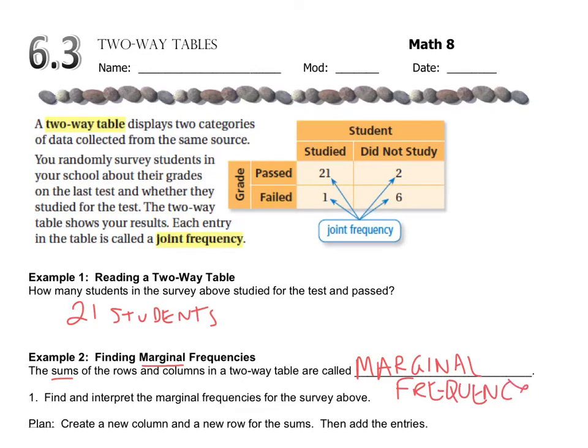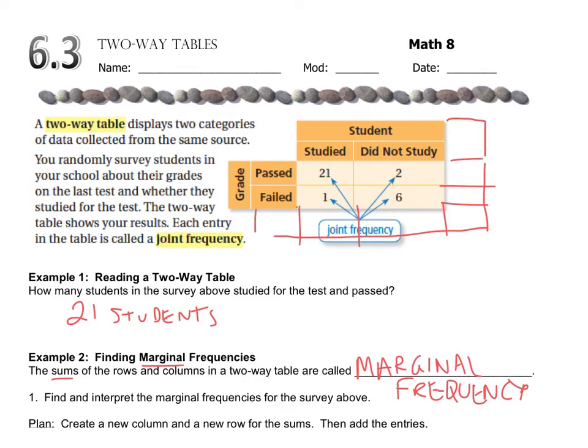So here's how this works. If I'm looking for my marginal frequencies, I'm just going to add it to this table here. So we're basically now adding a new piece. Basically, this is like a total column.